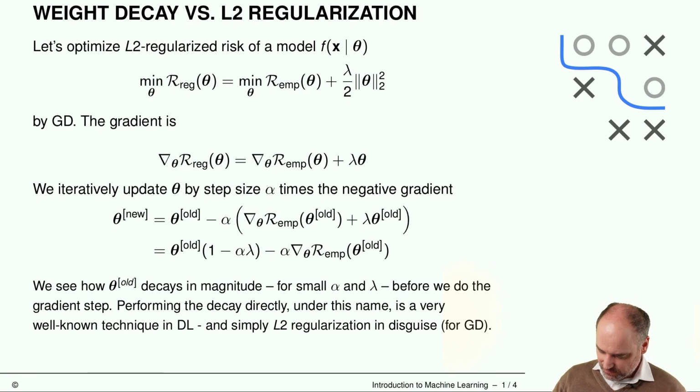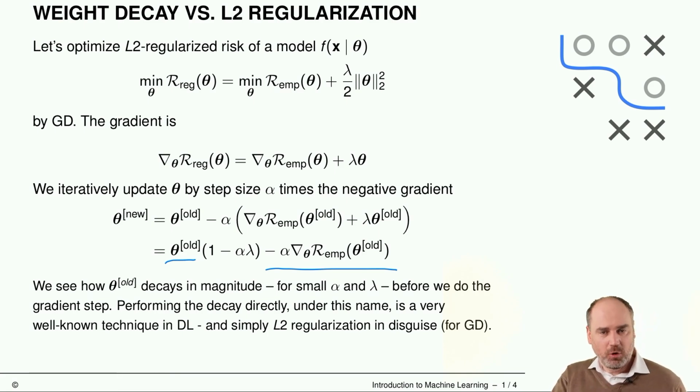Well, this second term here is simply the normal gradient descent step we would perform if we would do gradient descent on the unregularized empirical risk objective. And we do that gradient step, of course, based on the position of theta old.